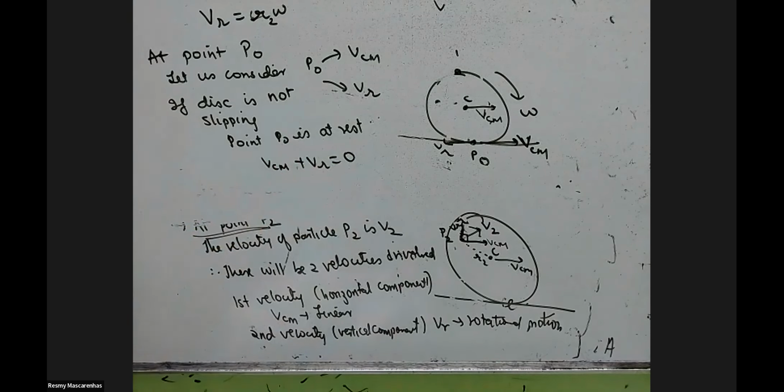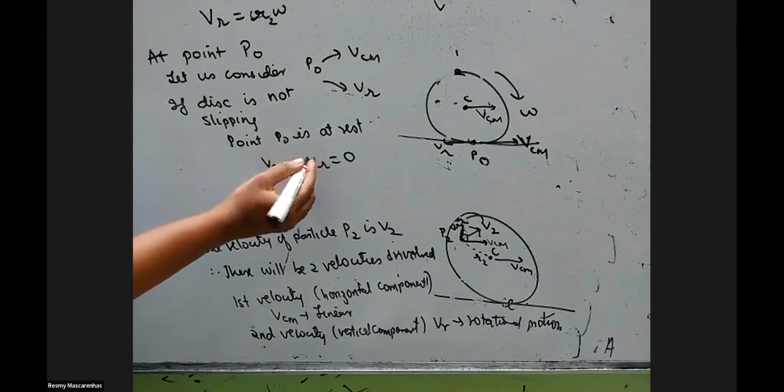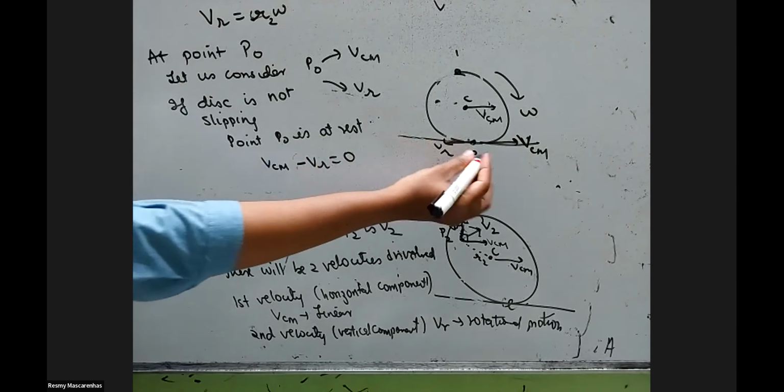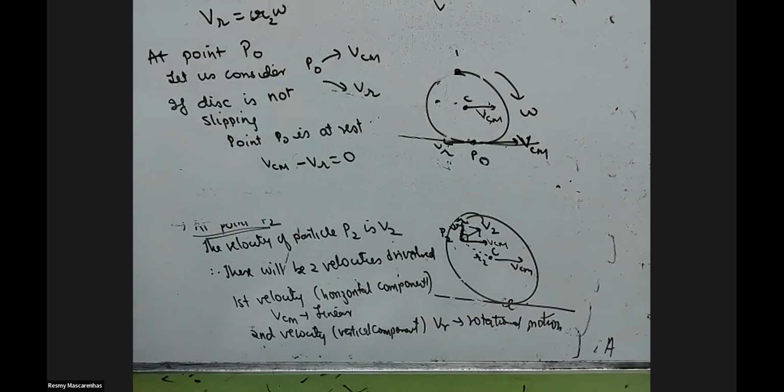The total velocity at that particular point will be 0. So basically both should be equal. This is opposite, no? This is minus. This plus minus this should be equal to 0.